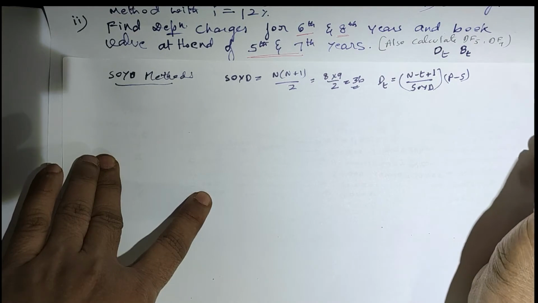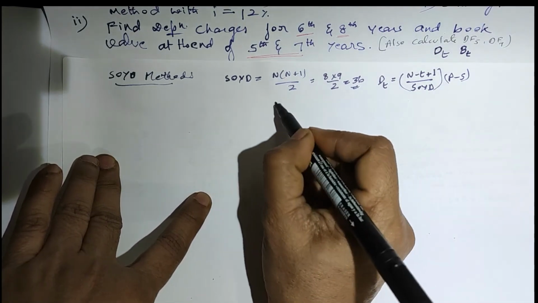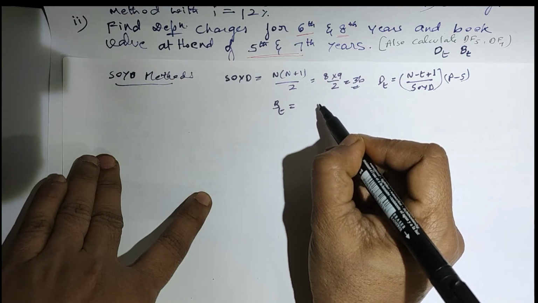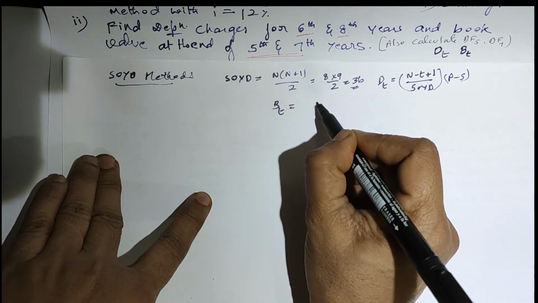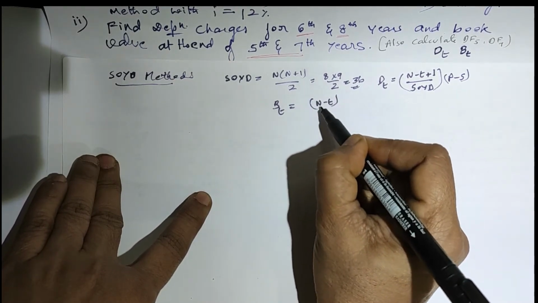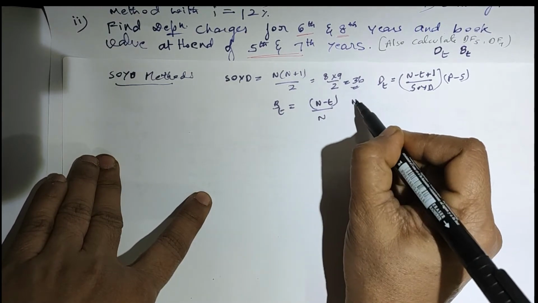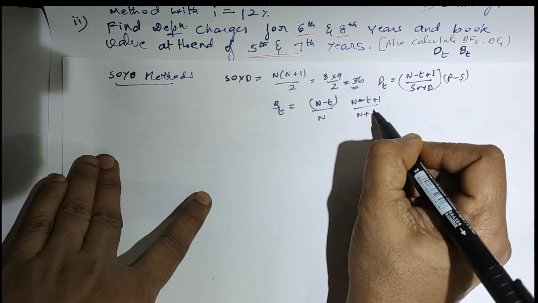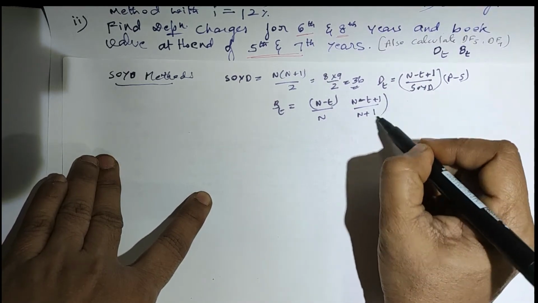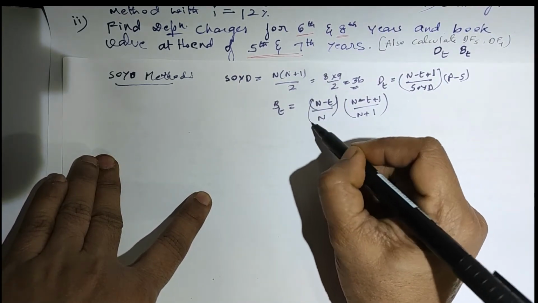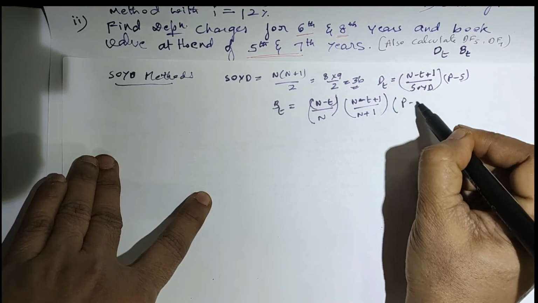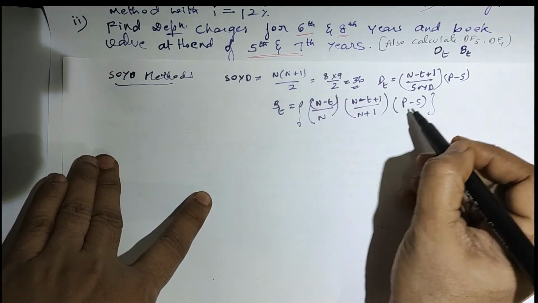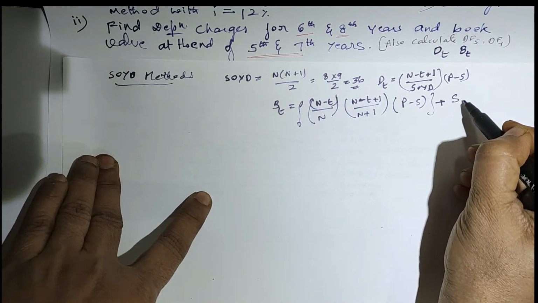Bt is given by a little bit lengthy. It is n minus t divided by n minus t plus 1 divided by n plus 1. Then p minus s, this much after multiplying and getting the value, add it to s.